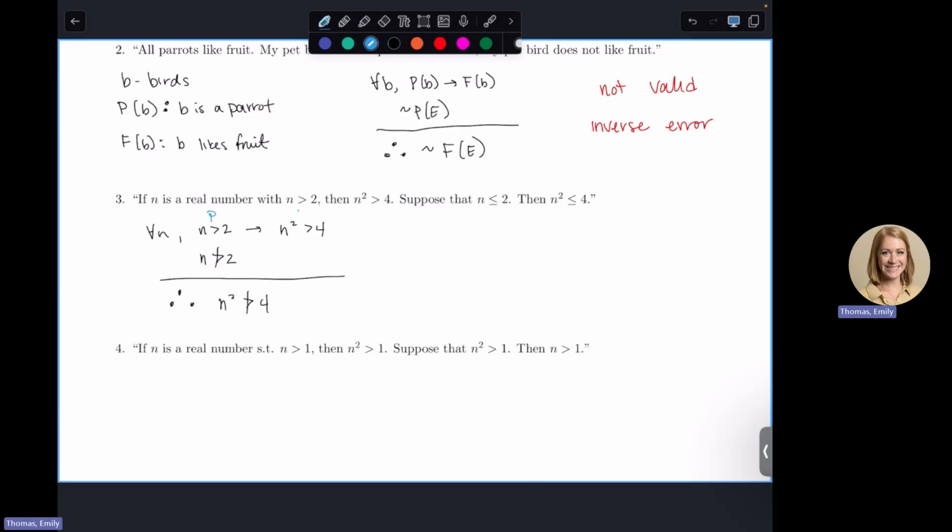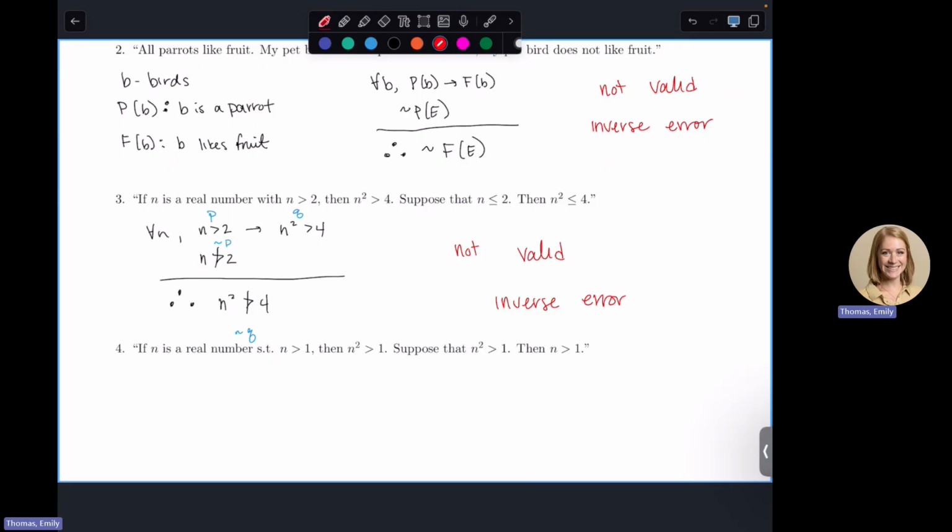This is P, Q. This is not P. This is not Q. This is an inverse error again. Negating the statements in the same order does not work. Right? That's what happened again. It doesn't work. Okay, number 4.